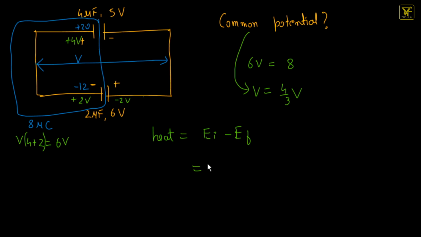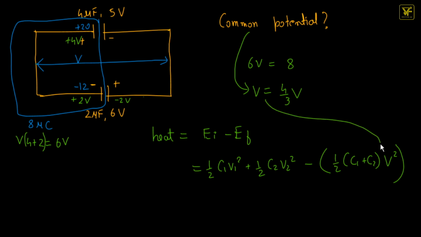EI is the total initial energy, half C1 V1 square plus half C2 V2 square, minus half C1 plus C2 into V square, where V is this. So this is how you can find the heat. You can put in all the values if heat is asked.